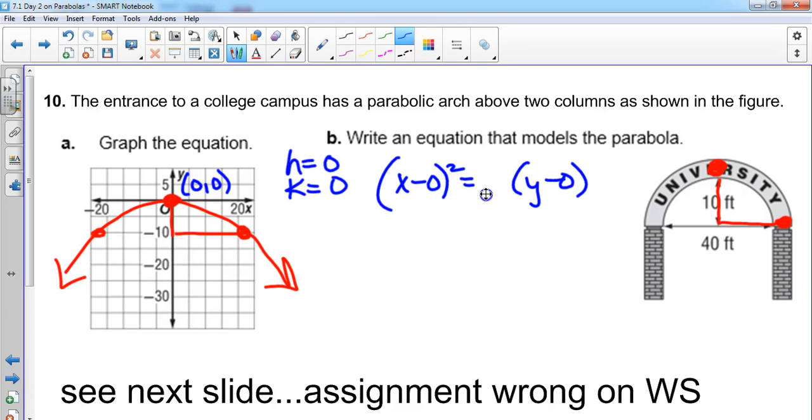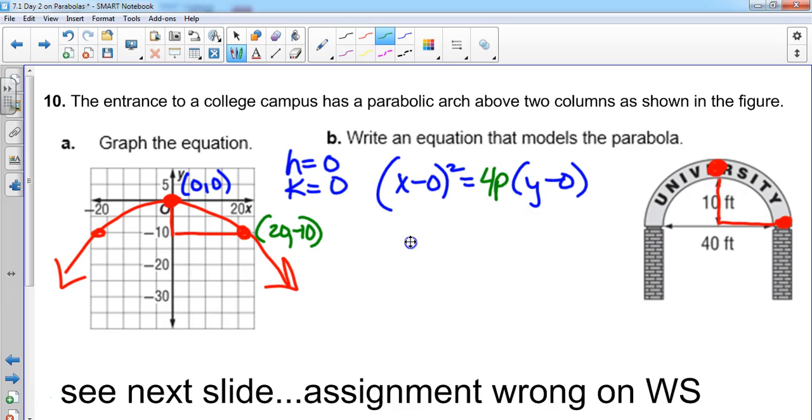I think you're probably right, but did they actually tell us that this is the focus? Just to pretend, what is that ordered pair right there? Please don't tell me 10, 20. Right 20, down 10. Okay, 20, negative 10.